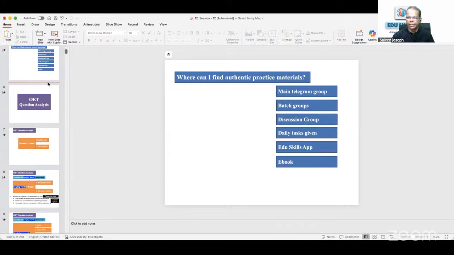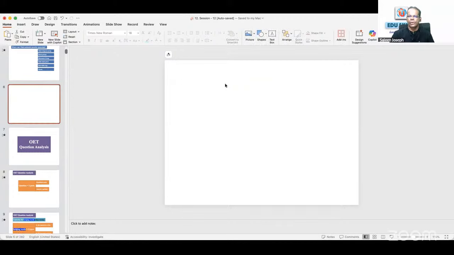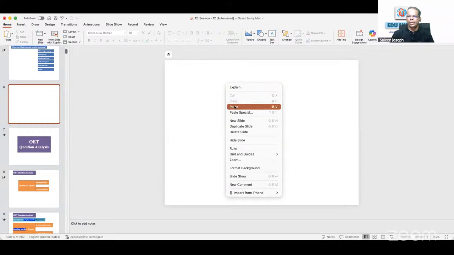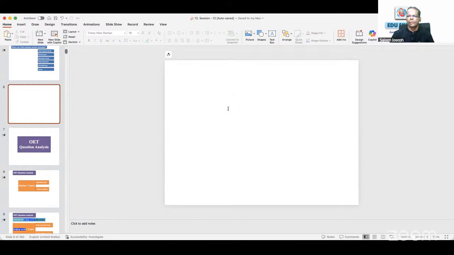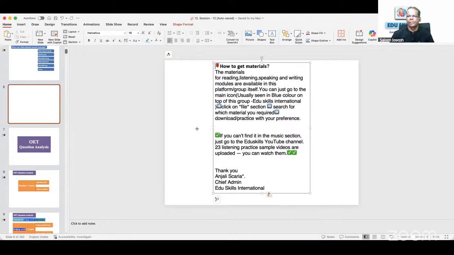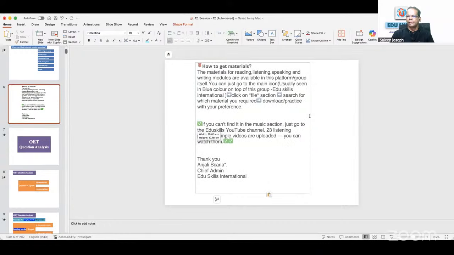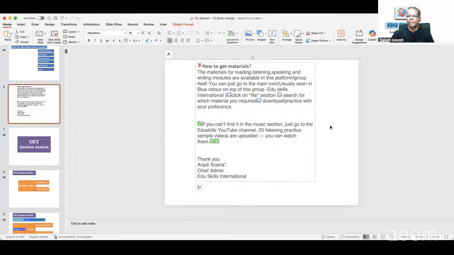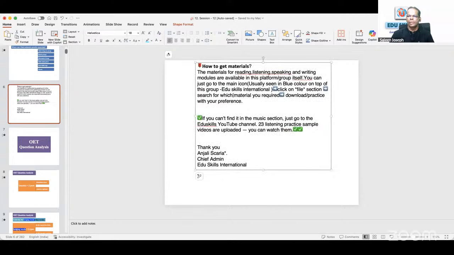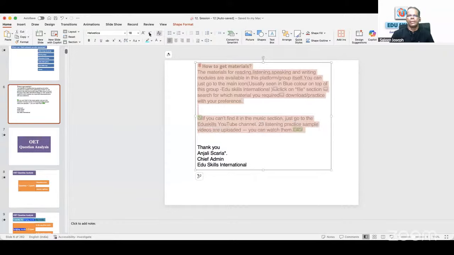You can take a screenshot and keep it if you do not understand. If I can paste it here. Okay, how to get materials? I am posting the message which is being posted regularly in the platform.